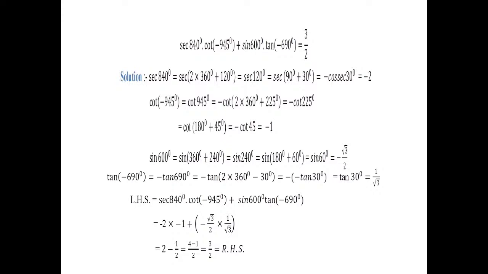Minus tan of minus 690 degree, which is equal to minus tan 690, which is equal to minus tan of 2 into 360 minus 30 degree, so which is equal to minus of minus tan 30 degree, which is minus minus plus 1/√3.